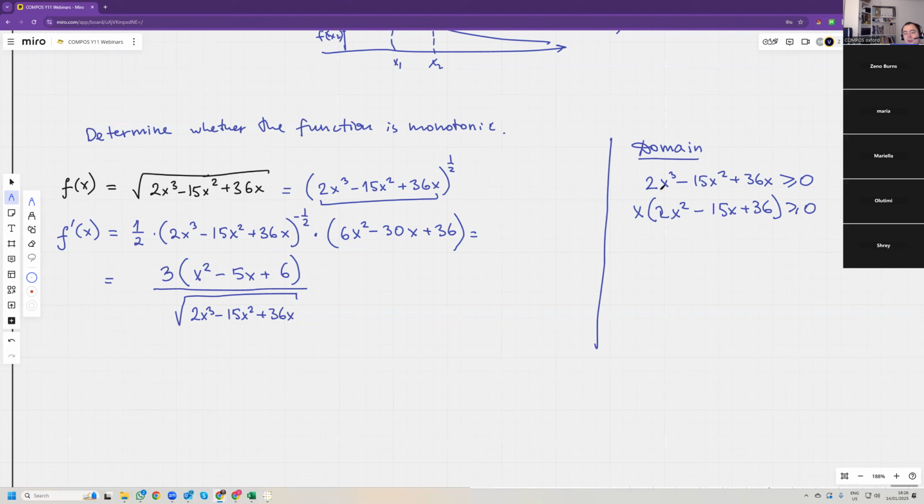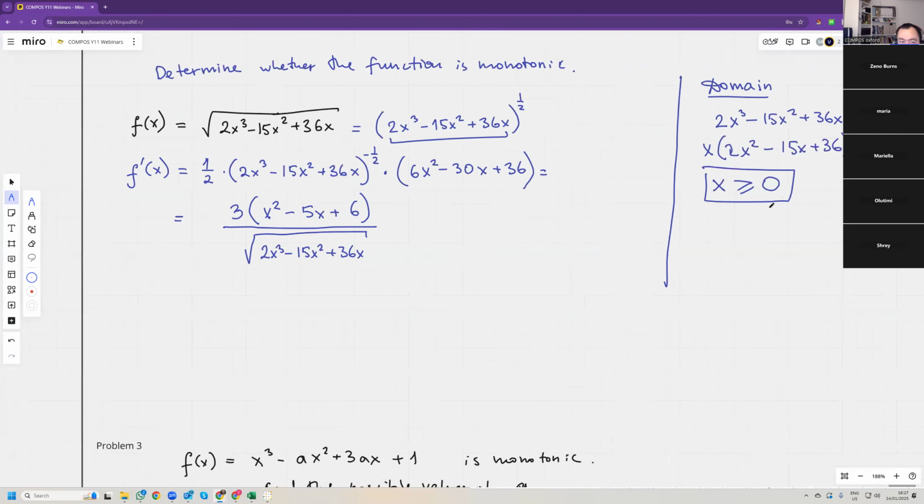Oh, it doesn't factorize. So this doesn't factorize. That means it's always positive. So this is positive when x is positive. Okay, so x has to be greater or equal to 0. That's the domain. Because this thing is positive always.